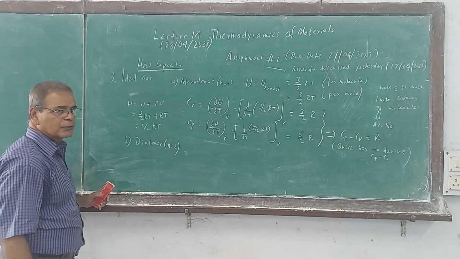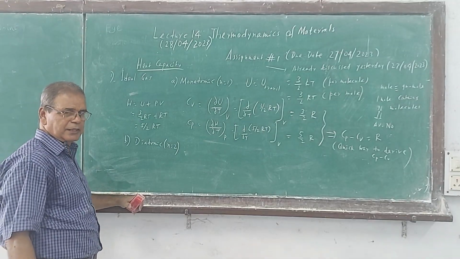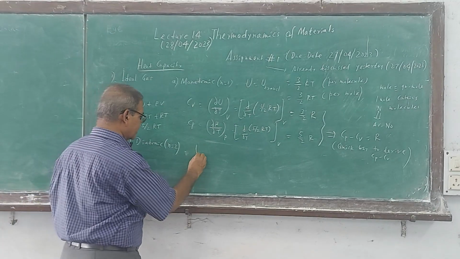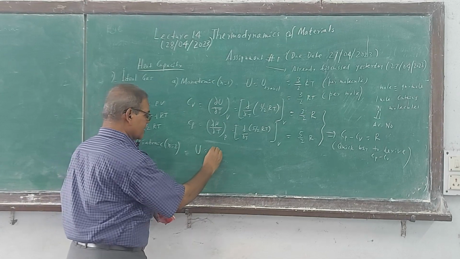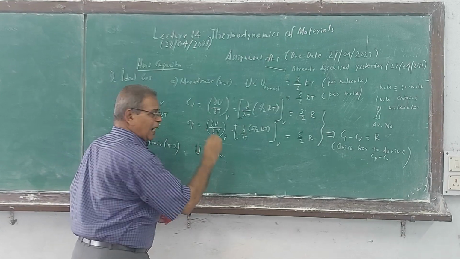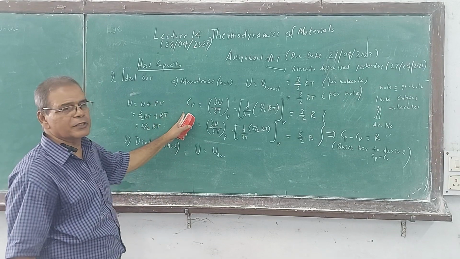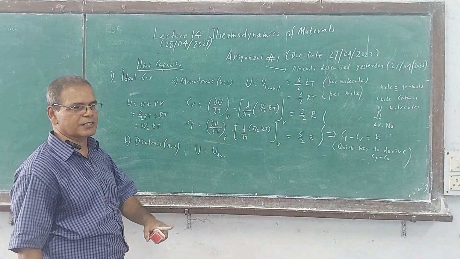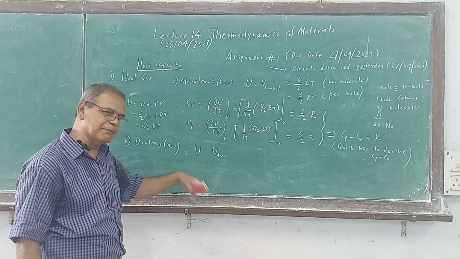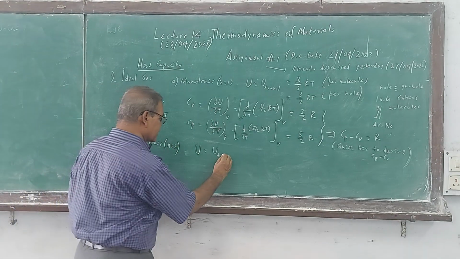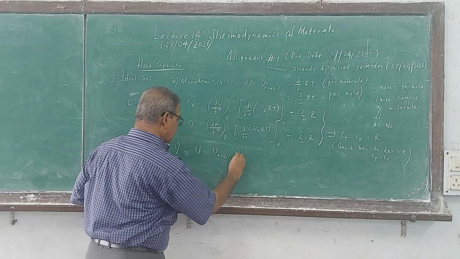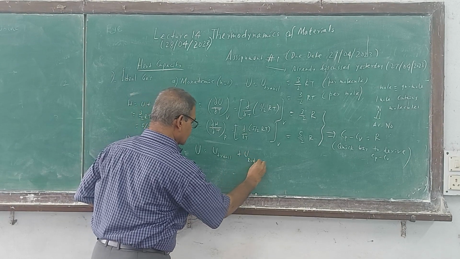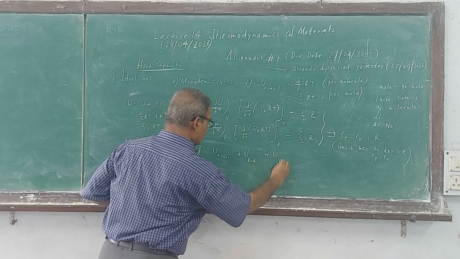N is 2, so you have 6 degrees of freedom, remember. U is what? You start with U because you want to get to Cv, by differentiating. So get U first. I am repeating: U is U translation plus U rotation plus U vibration.